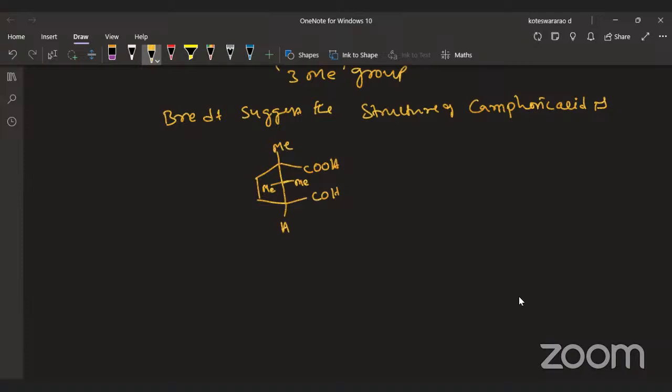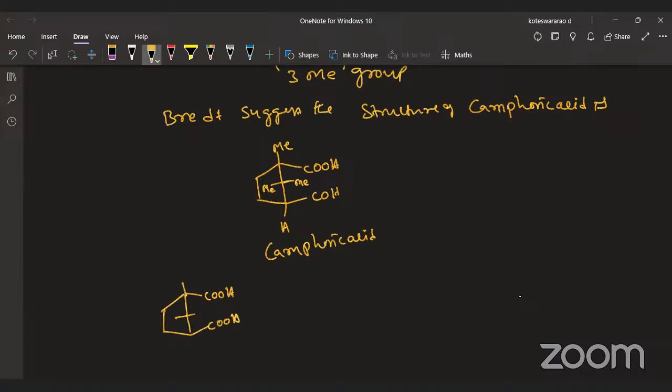The formation of camphoronic acid from camphoric acid. This is the camphoric acid. By assuming this structure, Bredt suggests the structure of camphoronic acid actually. But how the camphoronic acid is generated from the camphoric acid is explained like this. This is the structure of camphoric acid.